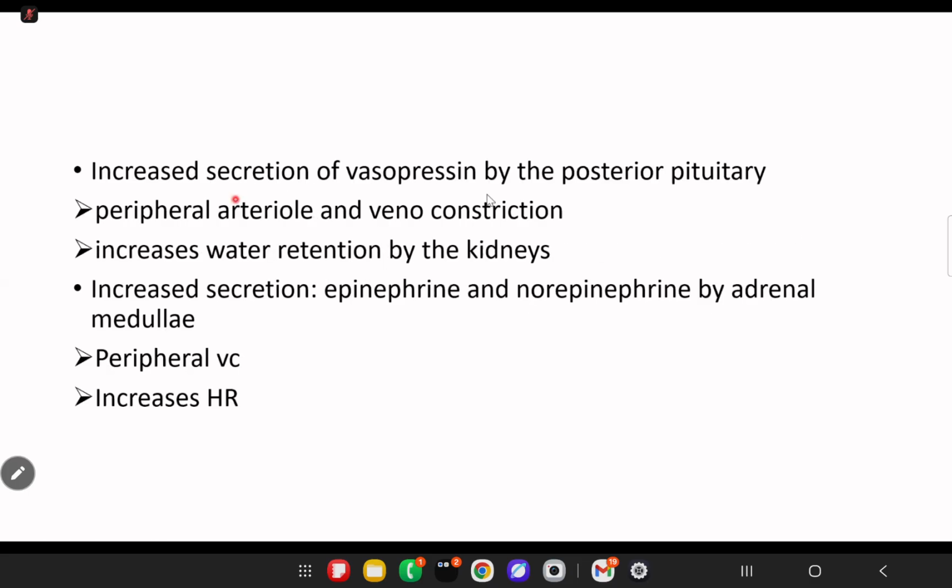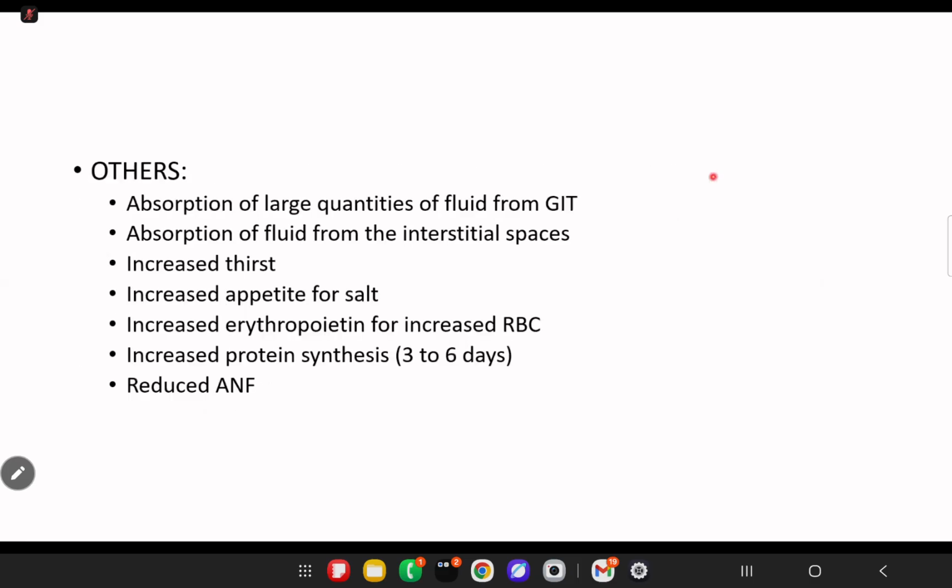Then other things which happen now: there is vasopressin increased by the posterior pituitary, again to act on the kidney to increase water absorption from your collecting duct. Then your adrenals, like we discussed earlier, increase adrenaline and noradrenaline, which will increase your heart rate as well as your peripheral vasoconstriction through circulatory epinephrine and norepinephrine.